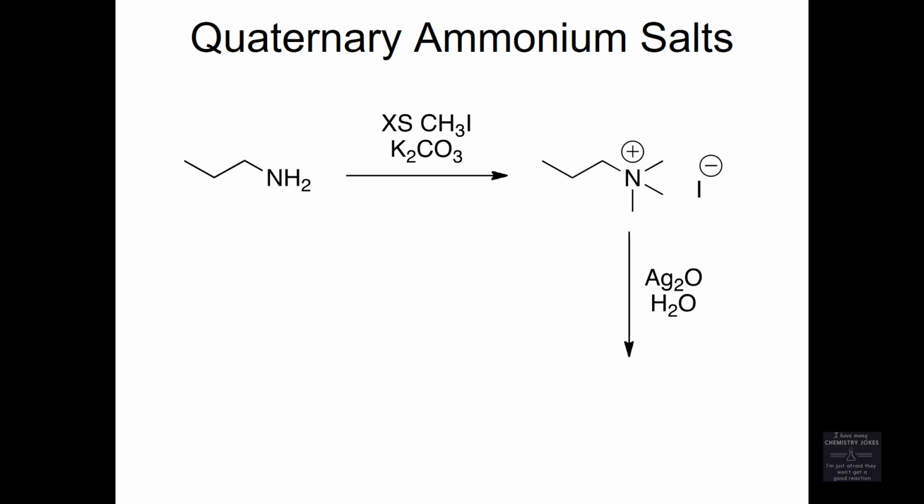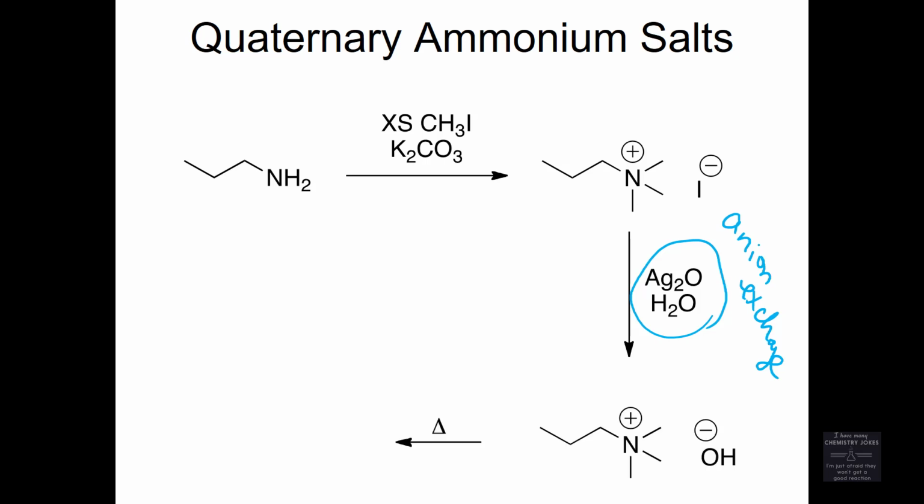So my quaternary ammonium iodide cannot undergo E2. You have to do an anion exchange reaction, meaning I need that I minus to turn into an OH minus, because it's quaternary ammonium hydroxides that do E2. We are not going to draw the arrows of how that anion exchange works, but it makes some silver iodide precipitate.